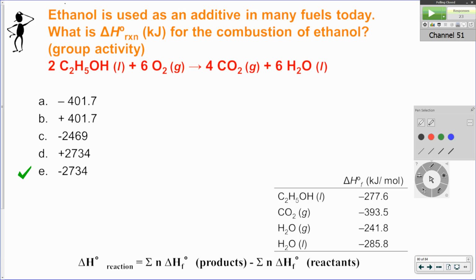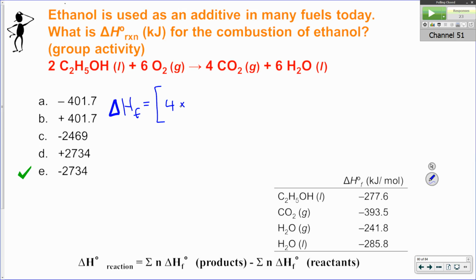Okay, so I'm just going to quickly go over this. Products minus reactants. The enthalpy of formation is products minus reactants. So on the product side, I've got 4 times the value for CO2, that's the one we've been using, minus 393.5, plus 6 times the value for H2O, and that was the minus 241.